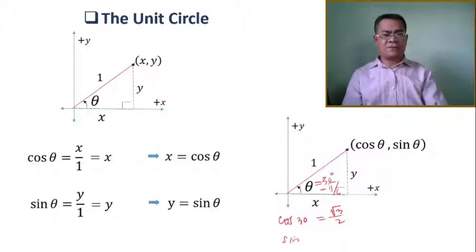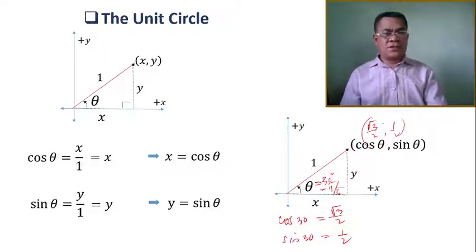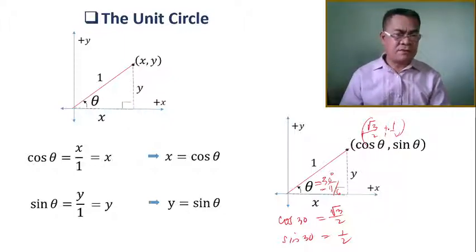While the sine of 30 degrees is equal to 1/2. So then, since this is 30 degrees, this must be square root of 3 over 2, and we have the 1/2. That's it. So all are positive because this is located in the first quadrant.